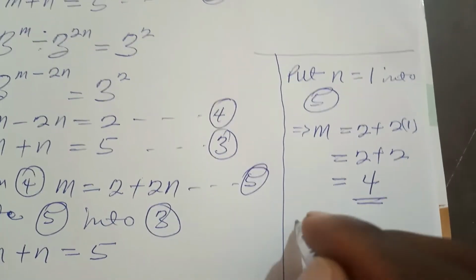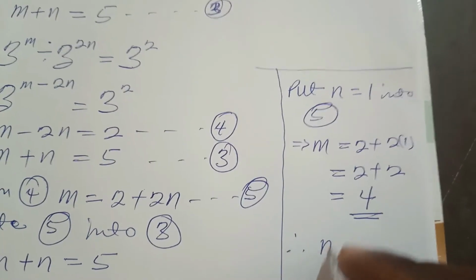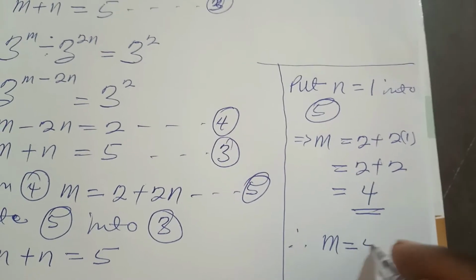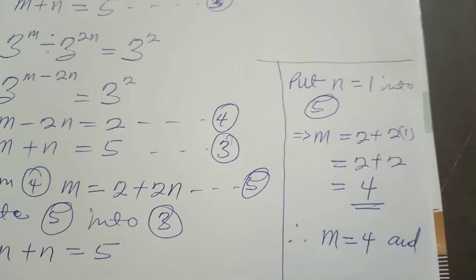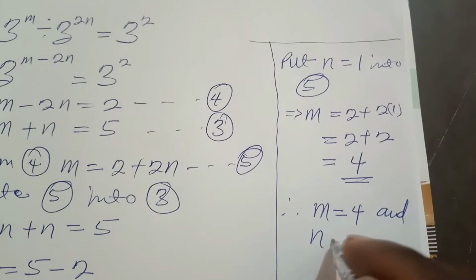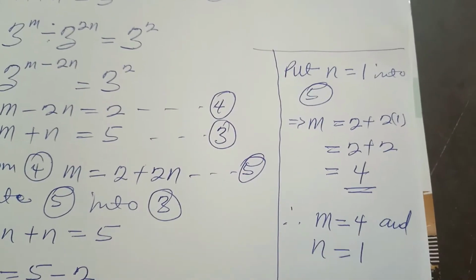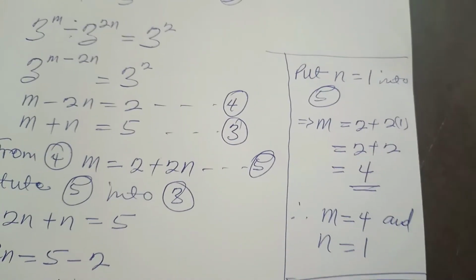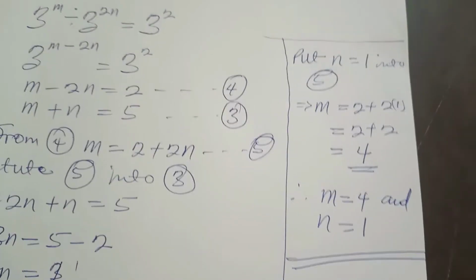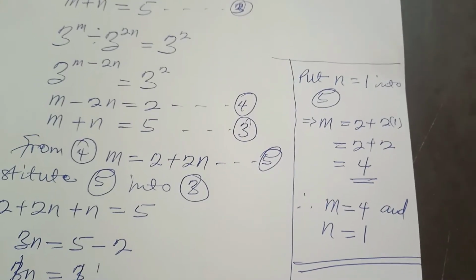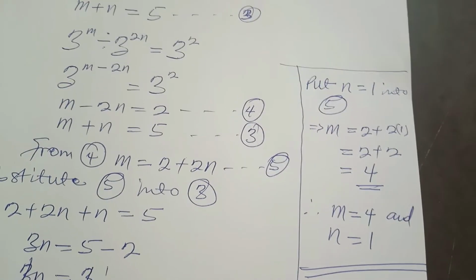So we'll conclude that therefore our m equals 4 and n equals 1. So this is our solution to the question.